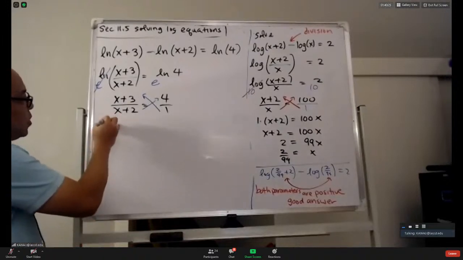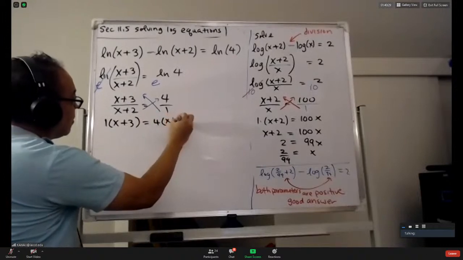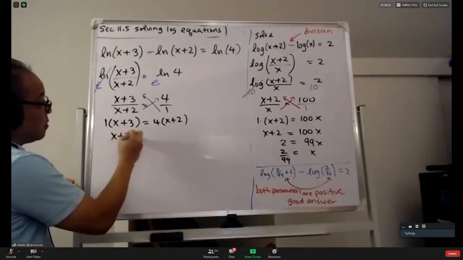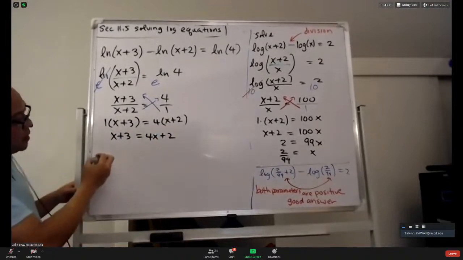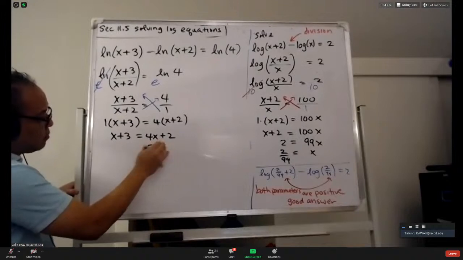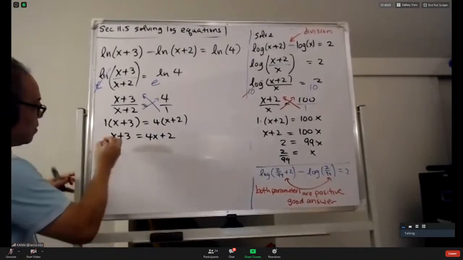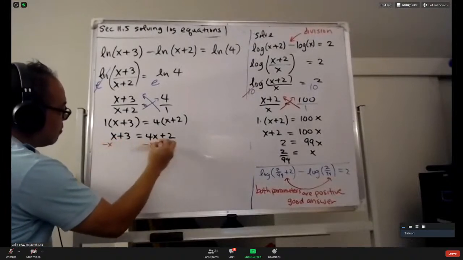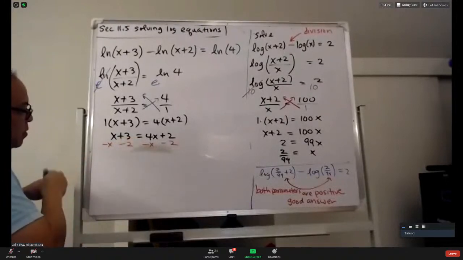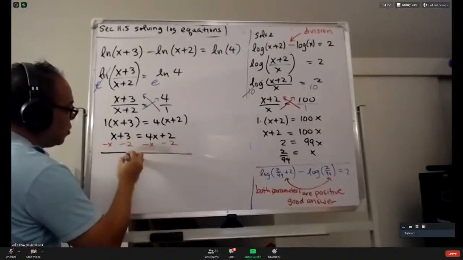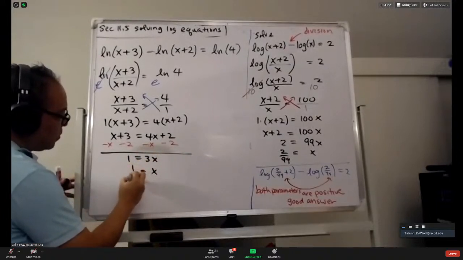So we get 1 times x plus 3. Then we'll get 3x. We get 1 is equal to 3x. x is equal to 1 divided by 3, like that.